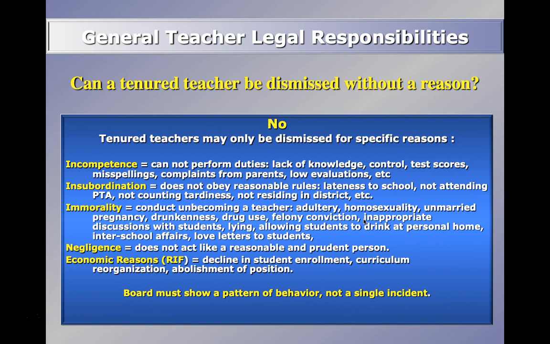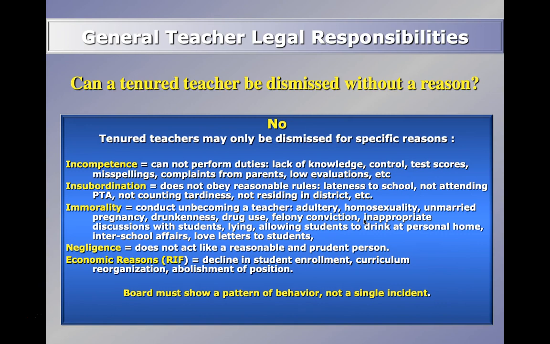That is, if you are just incompetent, and it can't be just one incident. It's a series of documented incidences, and they've usually given you opportunity to improve, but it's lack of knowledge, or you can't control your kids, or you misspell a lot of words that go out, or complaints from parents, or low evaluations. That's all incompetence.